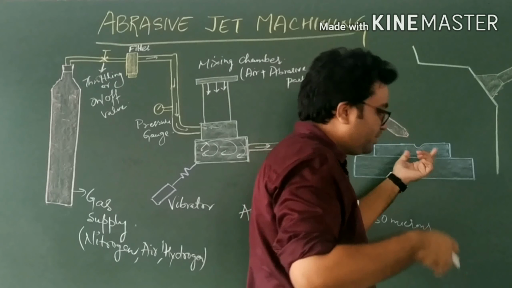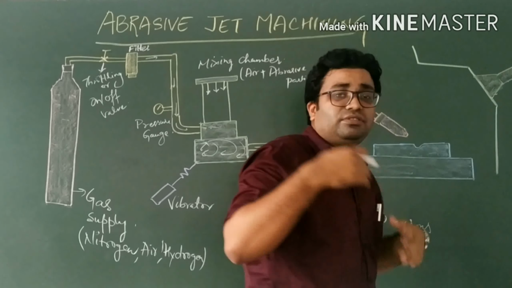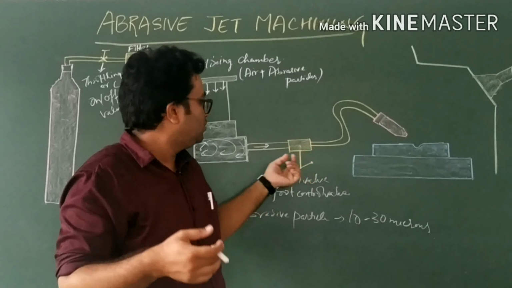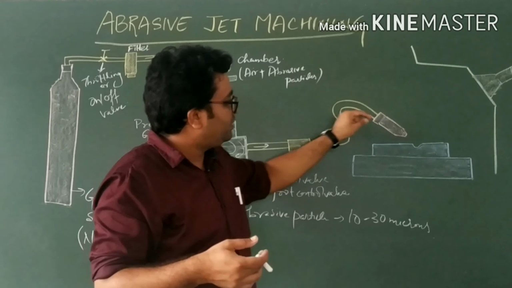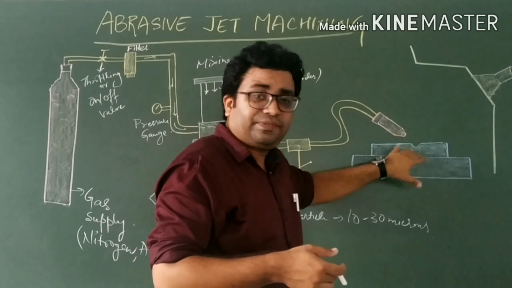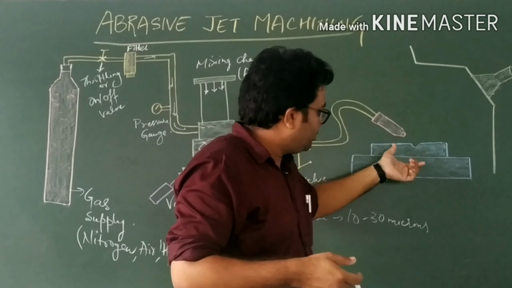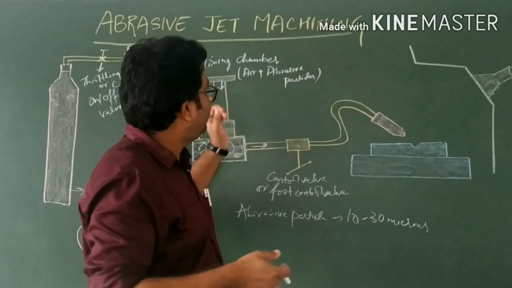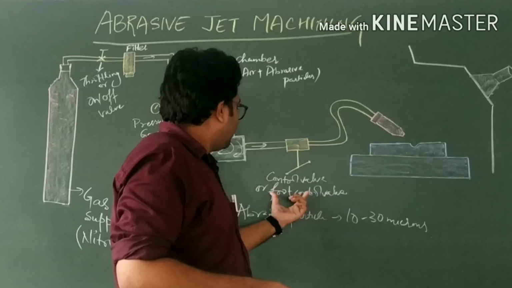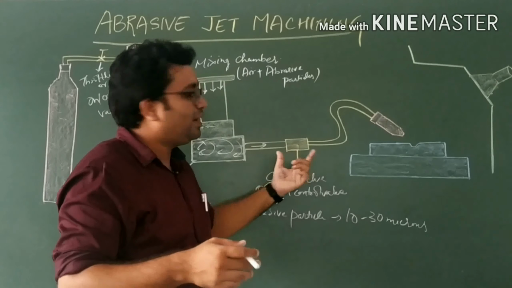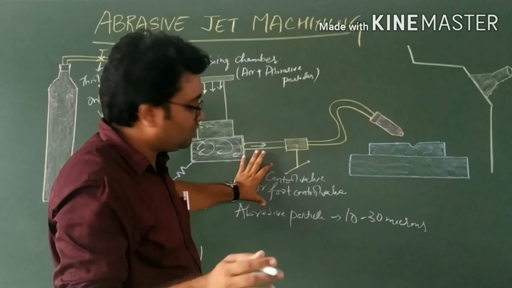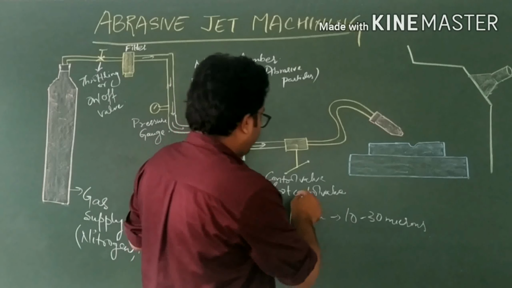When we use this jet for drilling, we may need a high supply, or a fully open control valve, so that it can penetrate through the workpiece. But when we use this nozzle for surface finish, we have to control the valve and supply a very small portion of the air and abrasive. So we can regulate this with the help of the control valve.